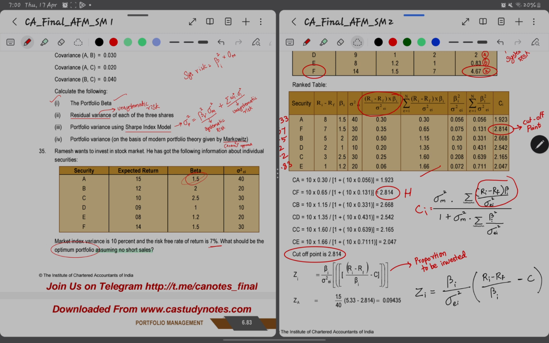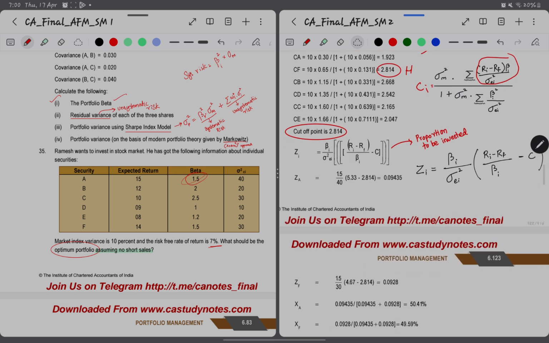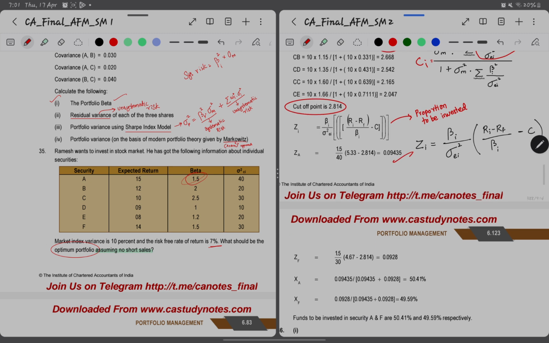Ri minus Rf we have, beta also we have, then unsystematic risk also we have, then cutoff point also we have. So we are getting a value for this proportion: ZA is 0.09435, and in case of ZF it is 0.0928.